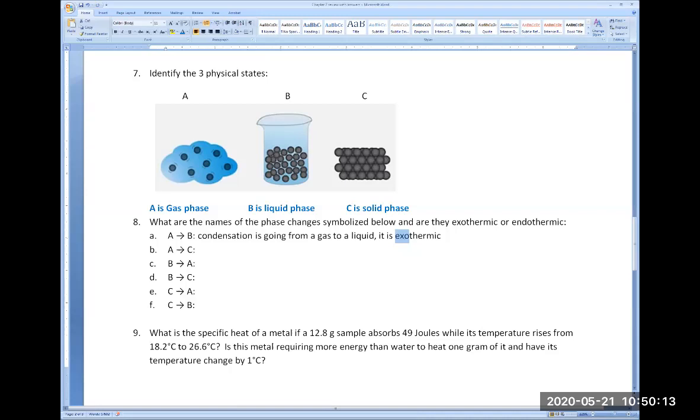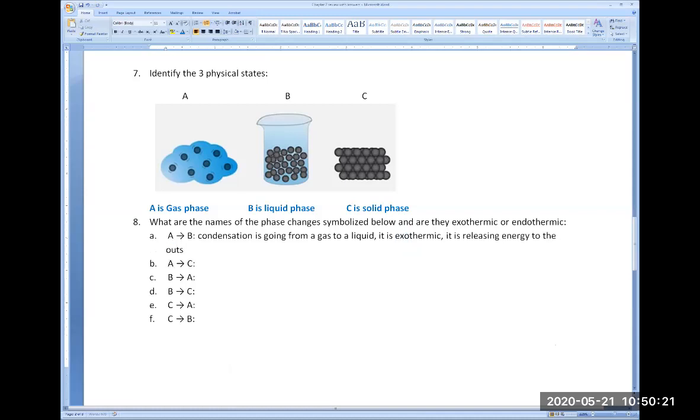So it's releasing energy to the outside. That's what it means.